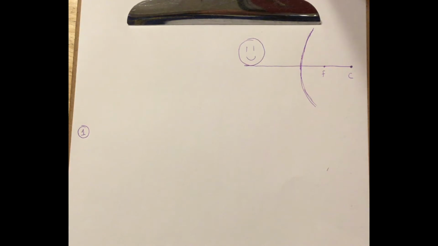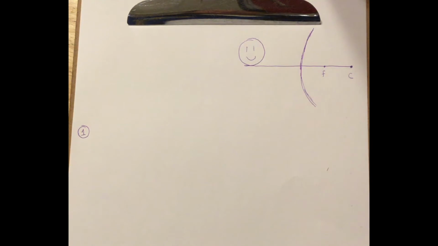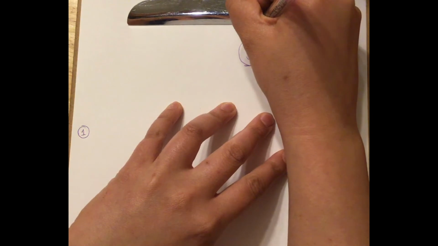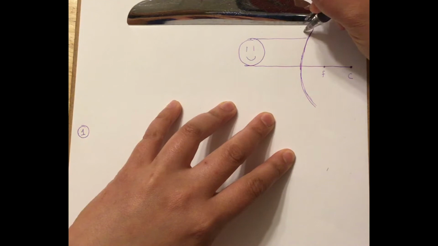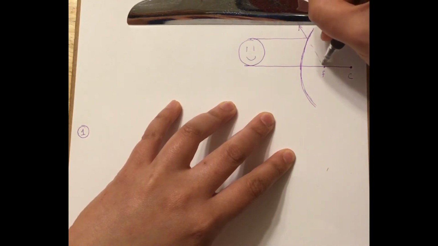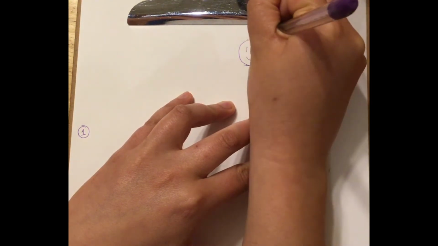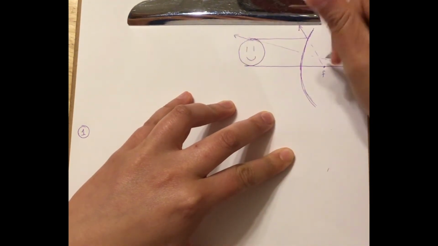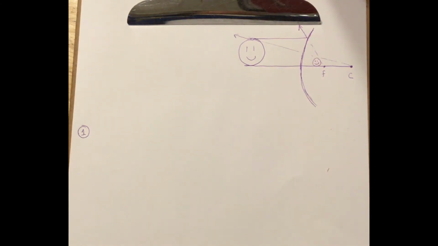So instead of this scenario where I would just memorize and say, well, it's in front of a convex mirror, therefore it's a virtual smaller upright image, or doing method 2 and drawing out the parallel ray and the ray that diverges away from the focal point, and drawing the ray that goes towards the center of curvature and using that to interpret this as a virtual smaller upright image. What if we could come up with another way that's not memorizing, that's not drawing ray diagrams?